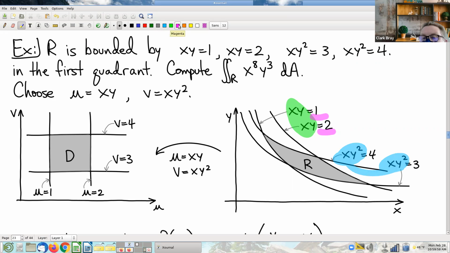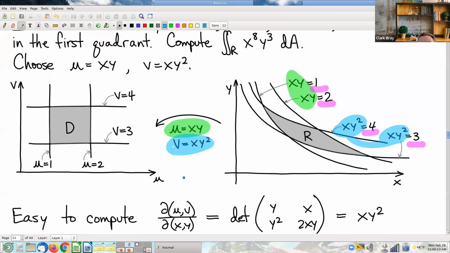Notice the green and the blue both being set equal to constants. Let those be U and V. Just follow me on this. Just take my word for it for the moment.